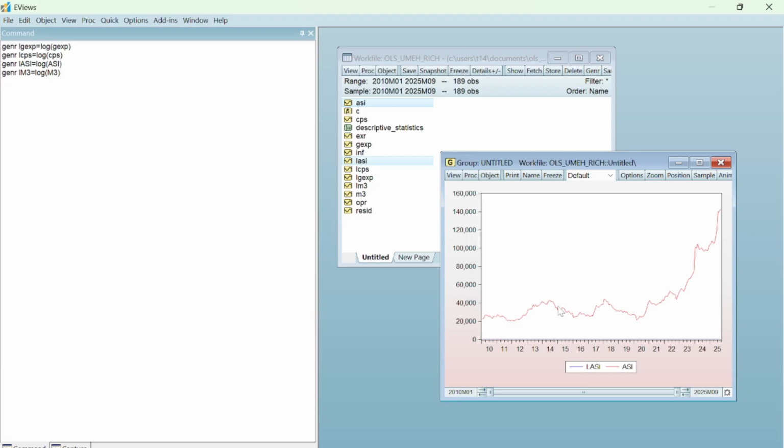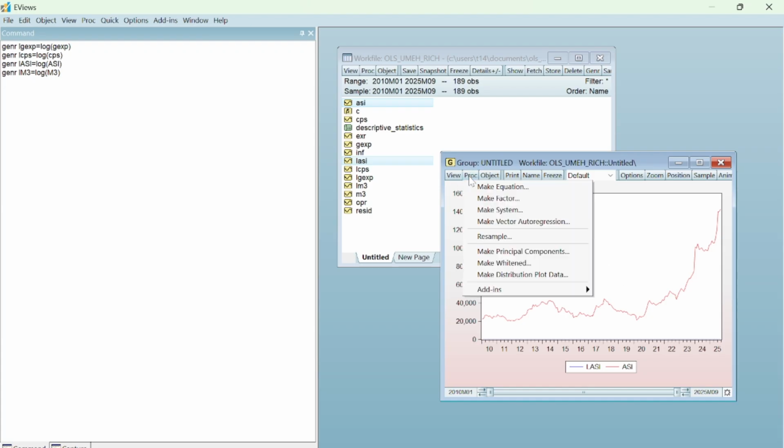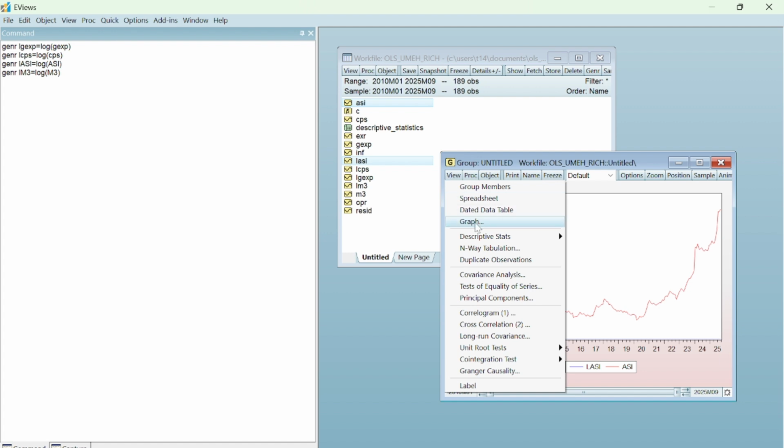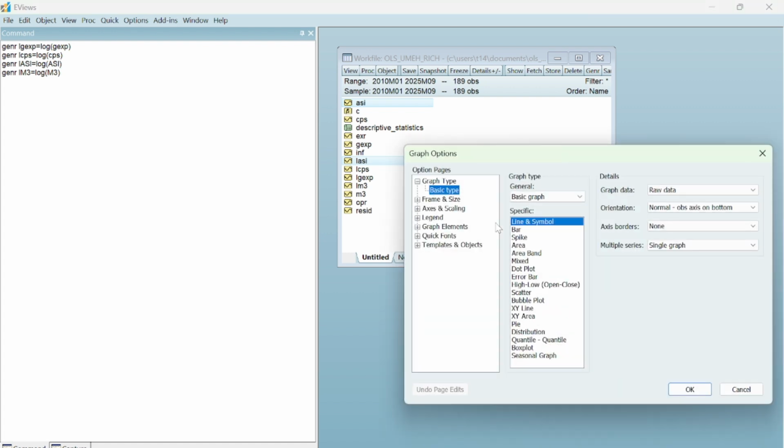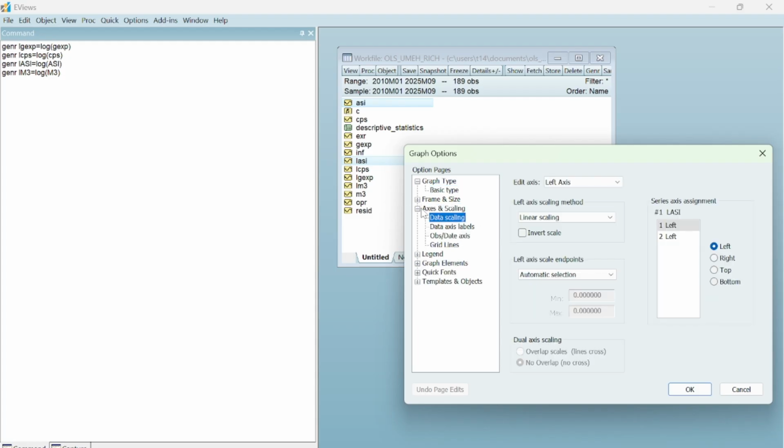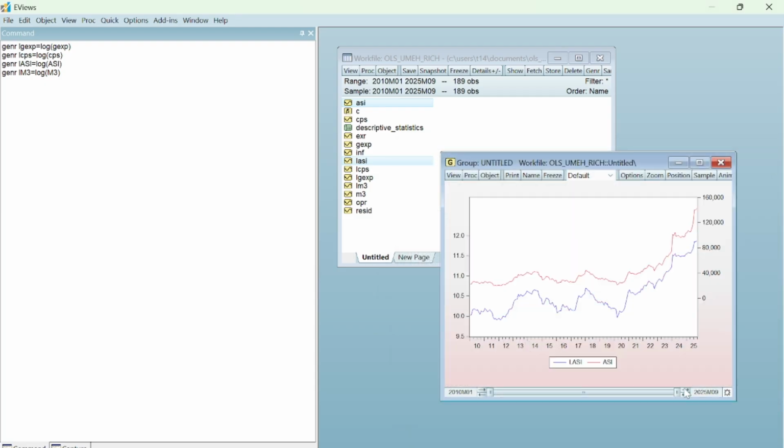Let me put them in different lines, so that we can see for ourselves. It's going to be much easier for us. Okay, so got it.